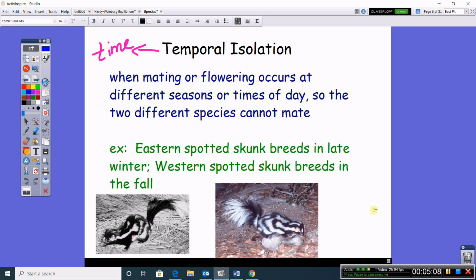I know it says eastern and western, but for temporal to truly be an issue, their paths may cross, but they're not going to want to mate with each other because they are used to mating at different times during the year. So temporal is all about time. The two organisms involved are mating either at different times of day if it's a flower or different times of year if it's an animal typically.